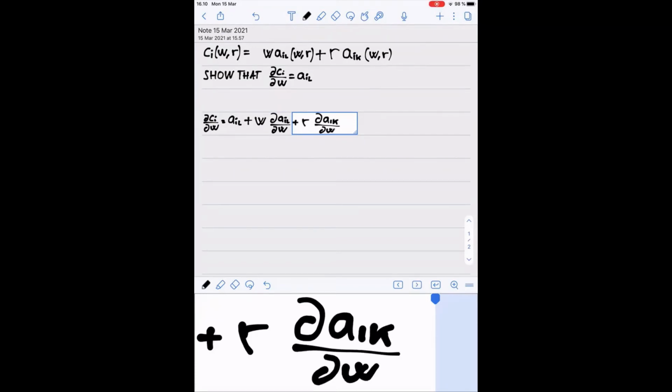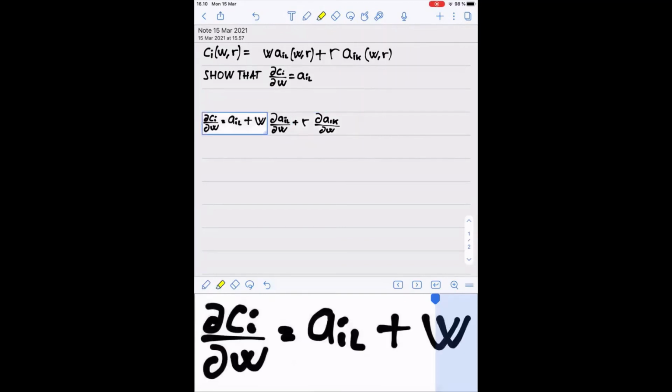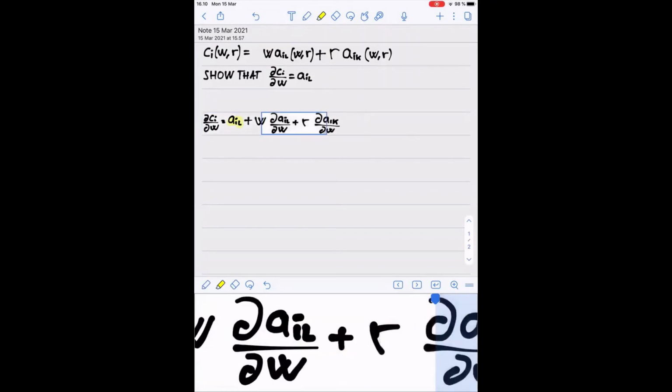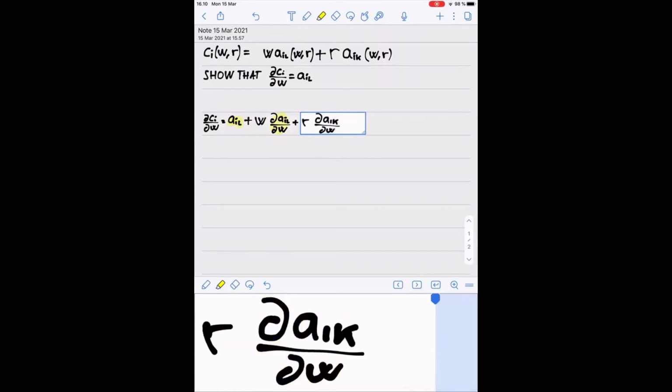So the idea here is that if the wage increases, your cost will increase by the number of workers that you're hiring. That's the unit requirement, a_iL. And it's also going to change because perhaps you will hire fewer workers, so you will save on the wage, or perhaps you will employ more capital, so that's the other effect captured.